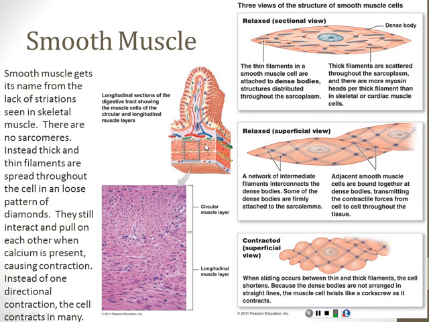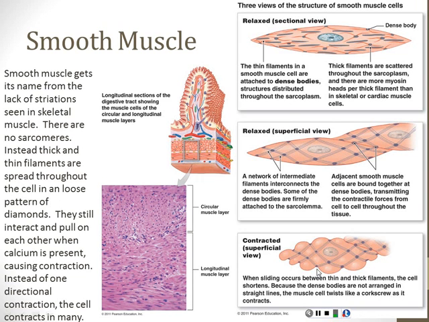So smooth muscle cells always come together. In other words, they work as many cells working as one. In skeletal muscle, we had lots of cells that became one giant cell that then contracted together. Well, in smooth muscle, the cells work together, even though they're separate cells, to all contract at the same time.